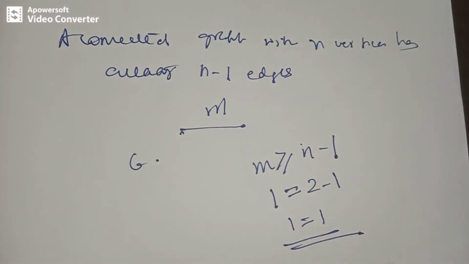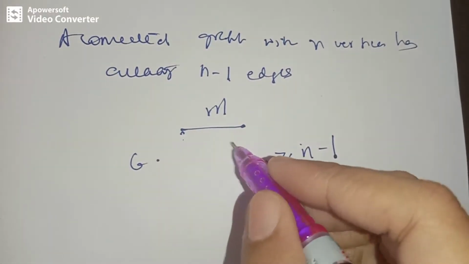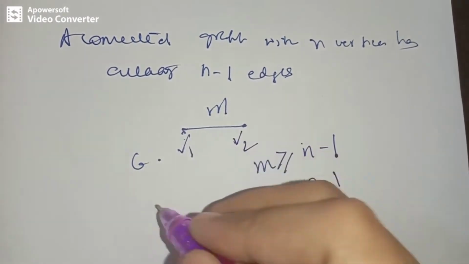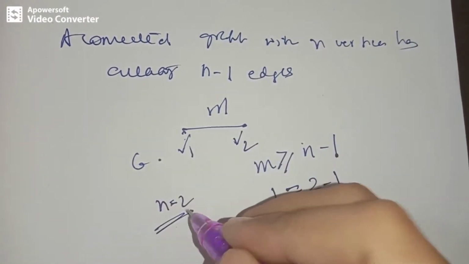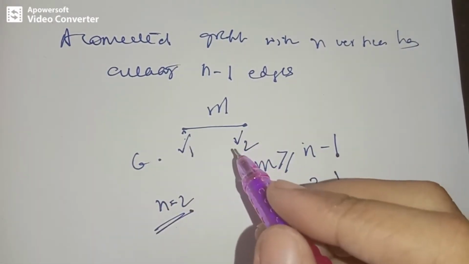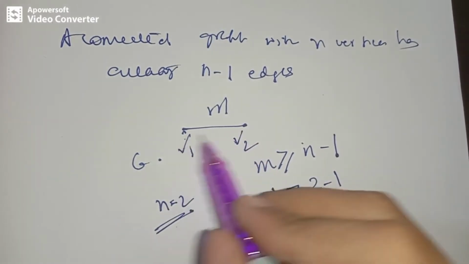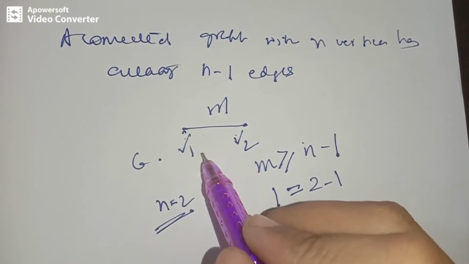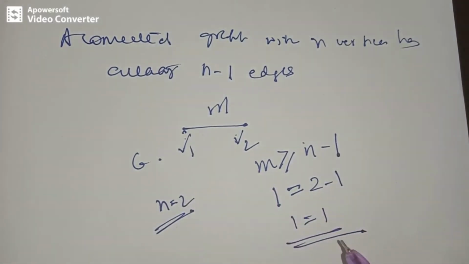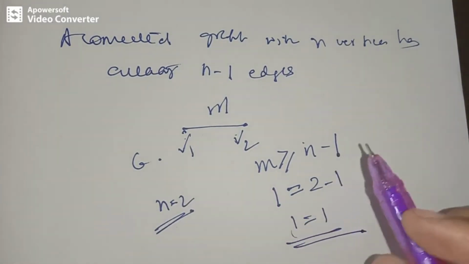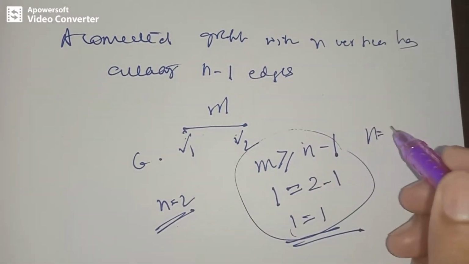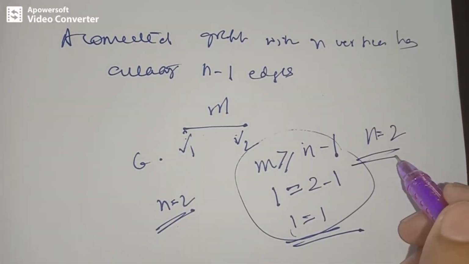Let's assume that the number of vertices is 2, that is like this. Suppose there are 2 vertices, that is, the n value is 2. Then there are exactly 2 vertices in the graph, and since the graph is connected, there must be at least one edge joining these 2 vertices, right? Therefore m will be 1, and the result is true. We have proved it for n equal to 2.